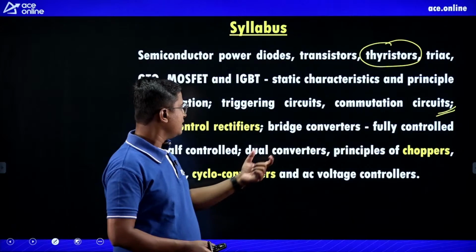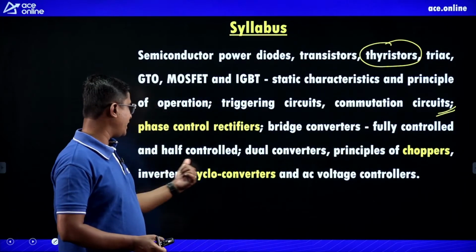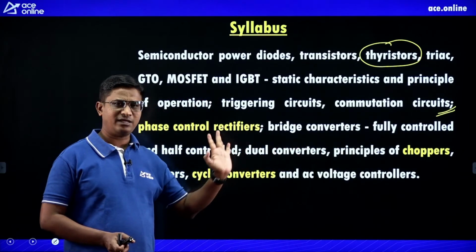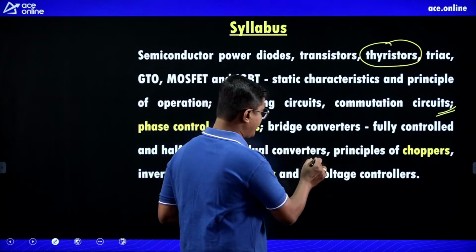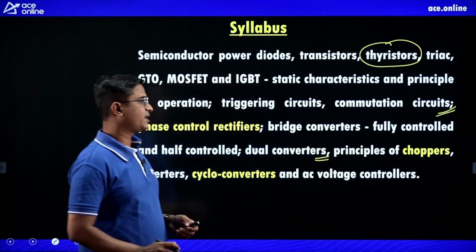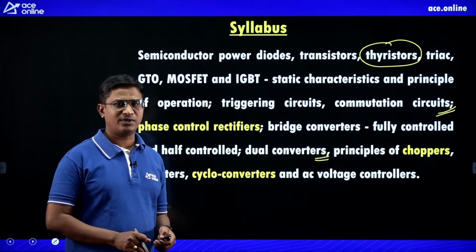Next, bridge converters, fully controlled and half controlled, and dual converters. So till this point, we have chapter number 2, that is the AC to DC converters.